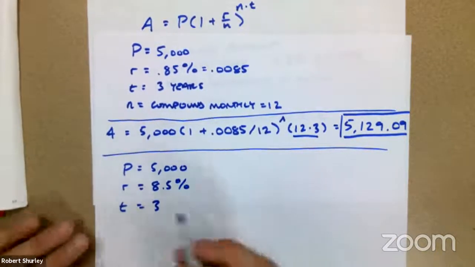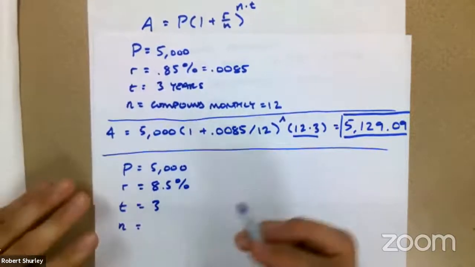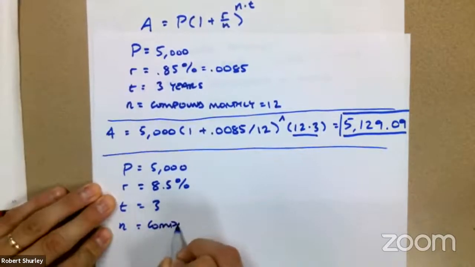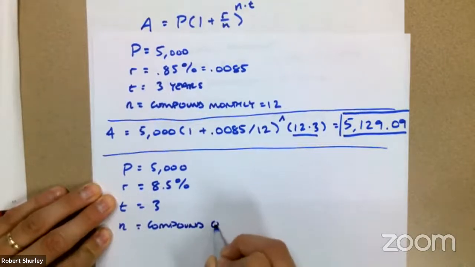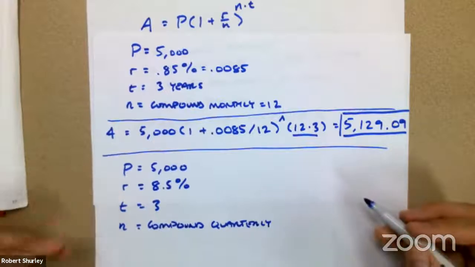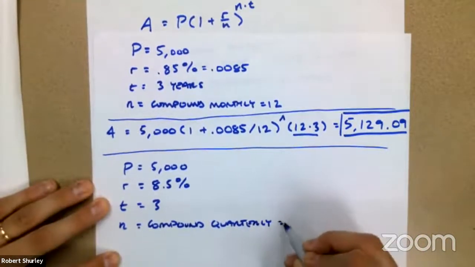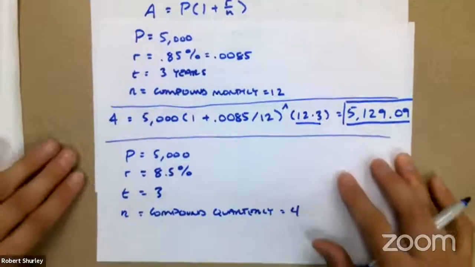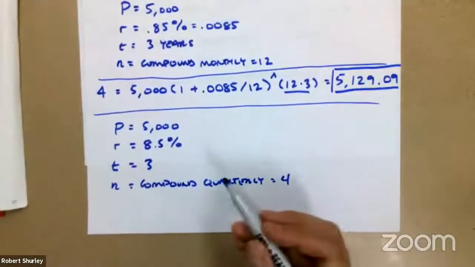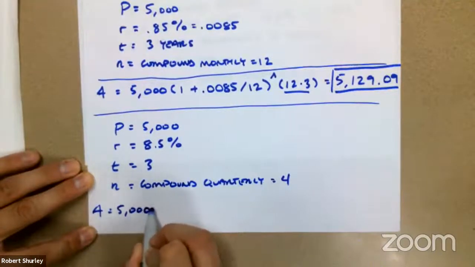And for this one, this is where I get to just make this up. We're going to compound it quarterly. Because if someone's investing it, they're not compounding it, they're just putting it in the stock market and seeing what happens. So compound quarterly. So that means we're going to compound 4 times a year. And we want to see what happens now with this amount. So I'm going to do A equals 5,000 times.